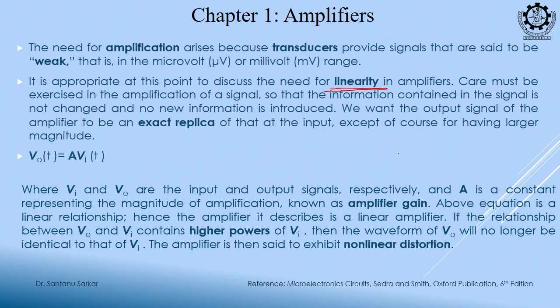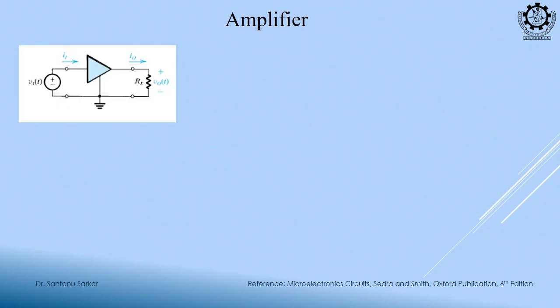If this equation is modified, suppose V0 is equal to A Vi plus B Vi square plus C Vi cube, then higher powers are introduced, right, and this straight line nature will be lost. And now the Vi and V0 won't be an exact replica, their shape will be changed, right. So, we will be saying that some distortion is introduced.